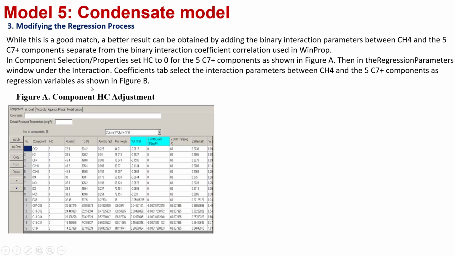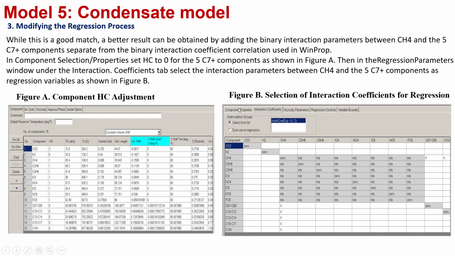In the component selection properties, set the hydrocarbon to 0 for the C7 plus component as shown in figure A. We conduct the component hydrocarbon adjustment. And then in the regression parameter window under the interaction coefficient tab, select the interaction parameters between methane and the C7 plus component as a regression variable. You can clearly see here in this interface.